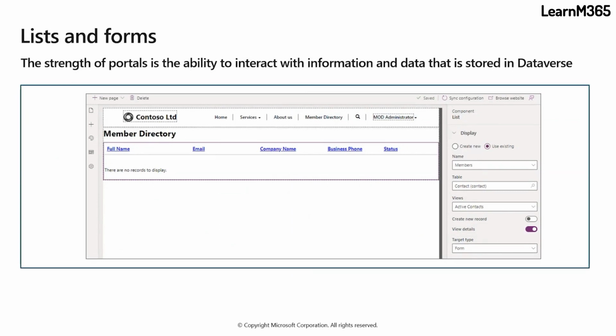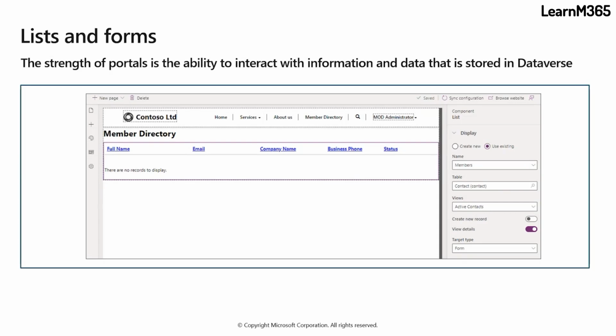Now, let's talk about lists and forms. The strength of the portal is the ability to interact with information and data that is stored in Dataverse. Lists and forms are things we have used in model-driven applications. A list represents views, and forms follow the form definitions to create dynamic and interactive portal pages that work with Dataverse.